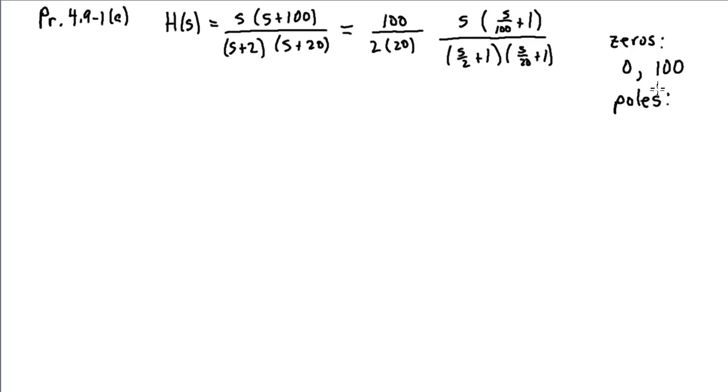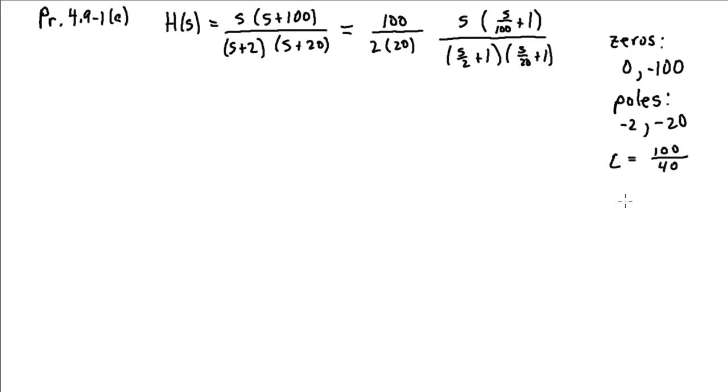minus 2 and minus 20, and then I've got a constant term in front. Let me just call that C of 100 over 2 times 20, or 100 over 40.